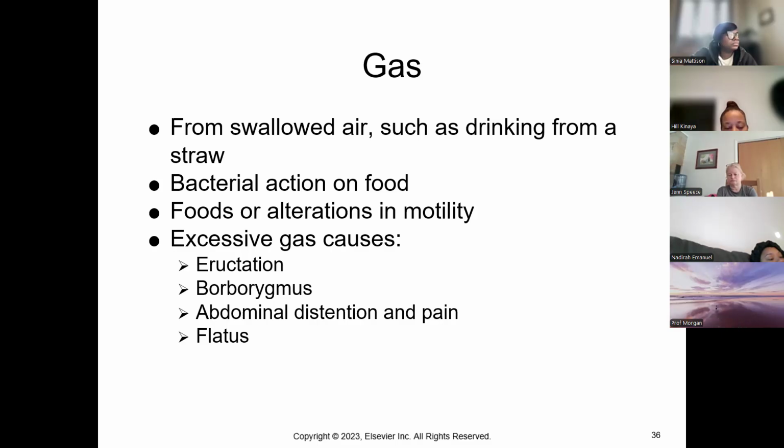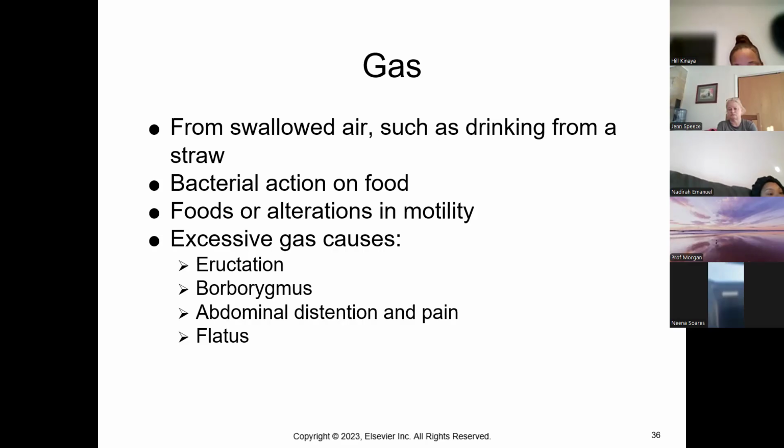Chronic constipation can cause development of hemorrhoids, diverticulitis. Now, with diverticulitis, you have pouches in the intestines, and foods can get stuck in there, like anything with seeds, popcorn, beans, small beans, corn, nuts.